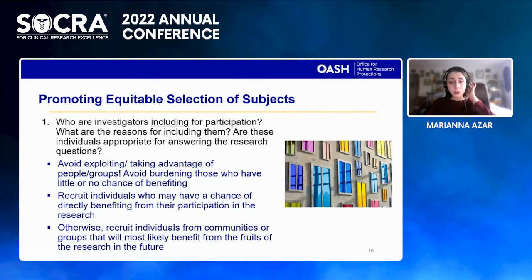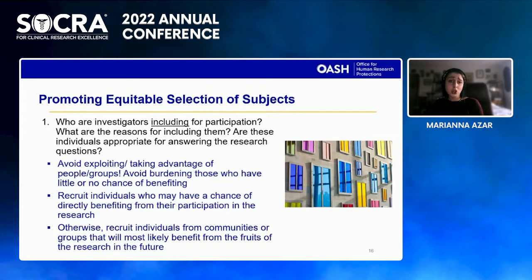So, how do we promote an equitable selection of subjects? Well, we can start by asking very specific questions when research is designed, reviewed, and so forth. And we can start by asking who investigators are proposing to include in the research. What are the specific reasons for selecting or including these individuals as opposed to another group?